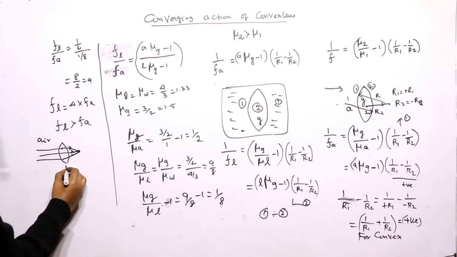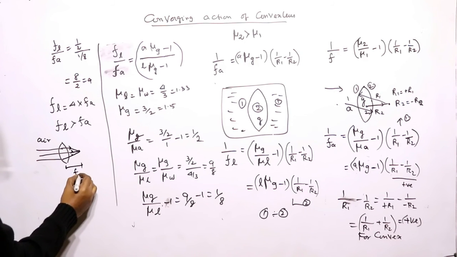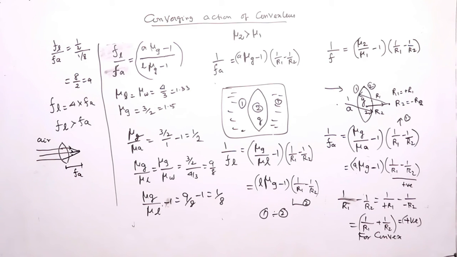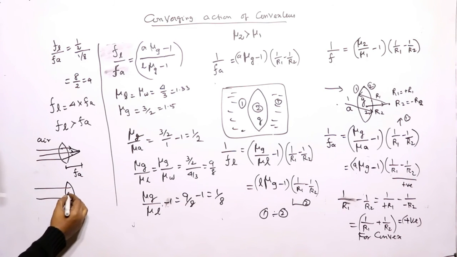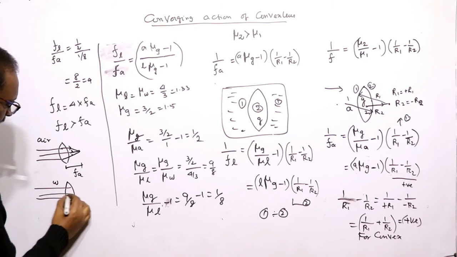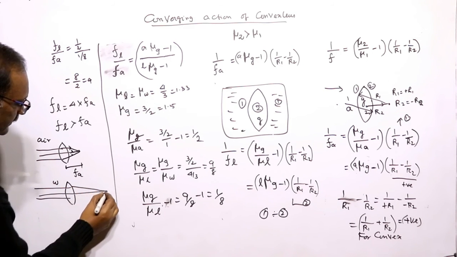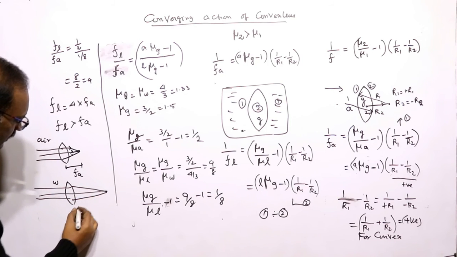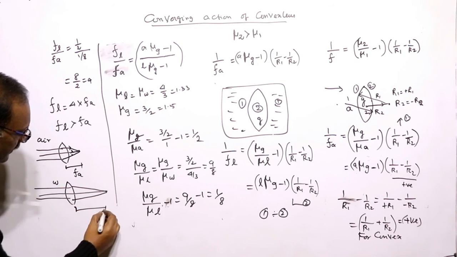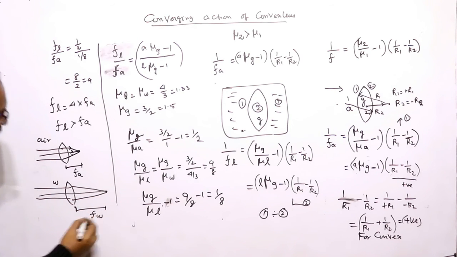This is the ray, so this is the focal length of the lens in air. And in water, the same lens is kept in water. Since the focal length is more, it will come like this. This is the focal length when kept in water.